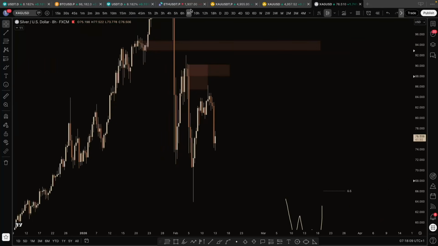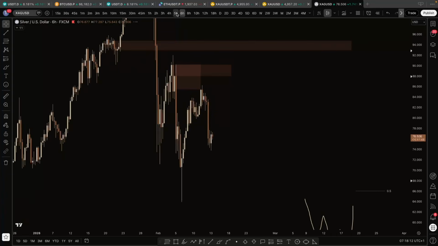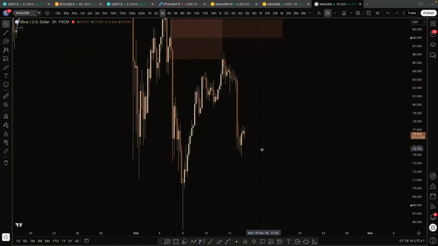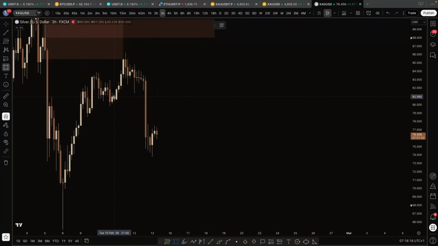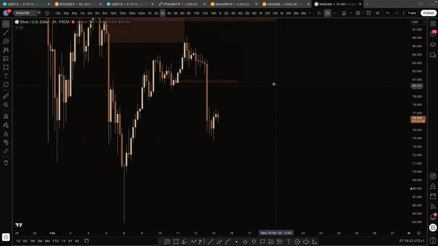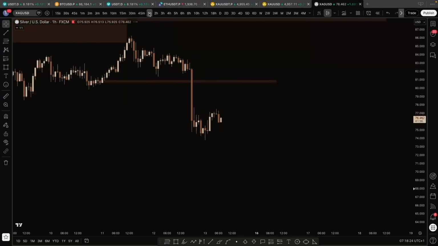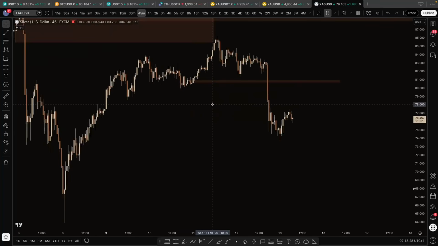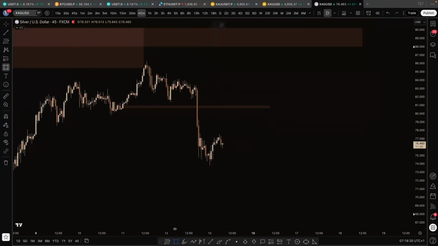Do we have a breaker in here? Yeah, 3 hour. The only breaker I see here. Oh, it's also 1 hour, also a 2 hour. That's fine. You have some more supply here.